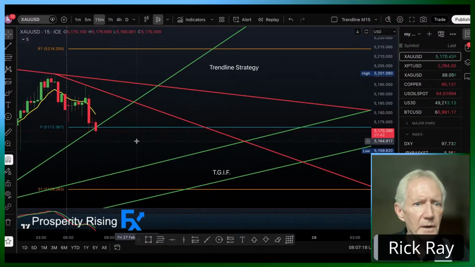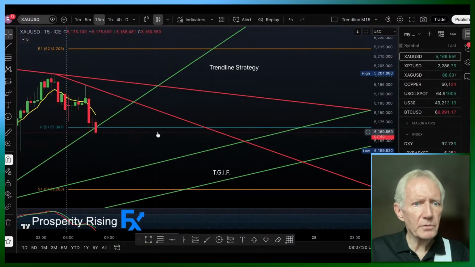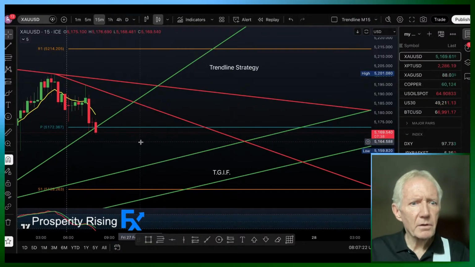I could reduce my lot size, but that's quite a big stop loss. $30 or 300 pips. So I'll probably just wait and see if it's going to come back up into this area here where I would have a little bit tighter stop loss. But it looks like we're going to be bearish for this first opening candle.